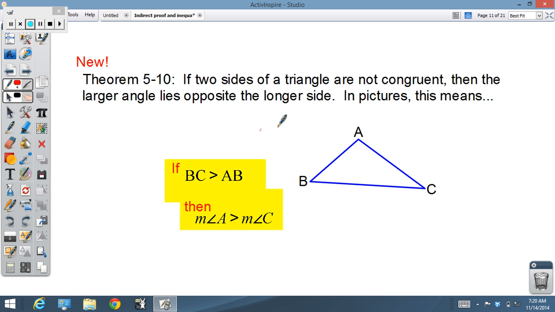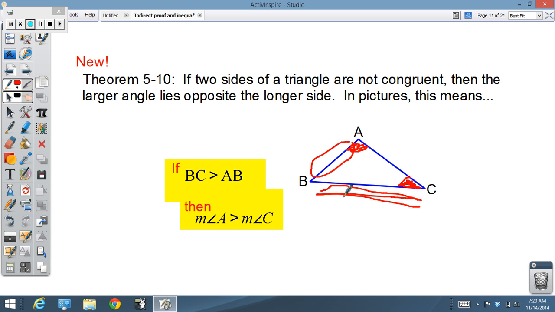Next, if two sides of a triangle are not congruent, then the larger angle lies opposite the longer side. So if BC is bigger than AB, well, the opposite angle, A, must be bigger than C. Okay? Now, that one sounds simple, but we do have trouble remembering it. It is fairly important, okay?